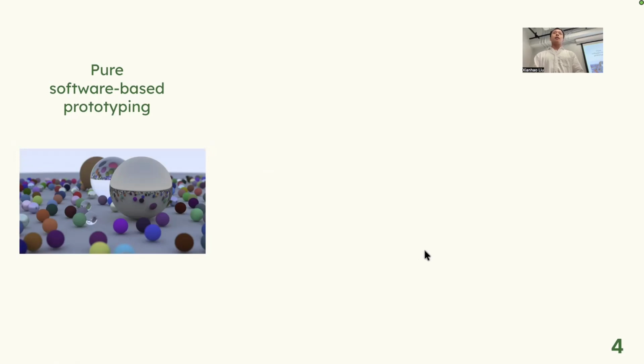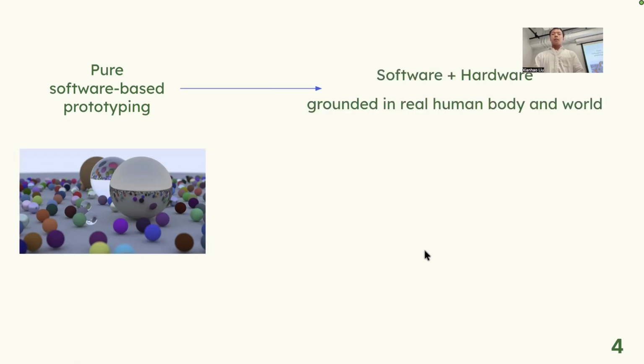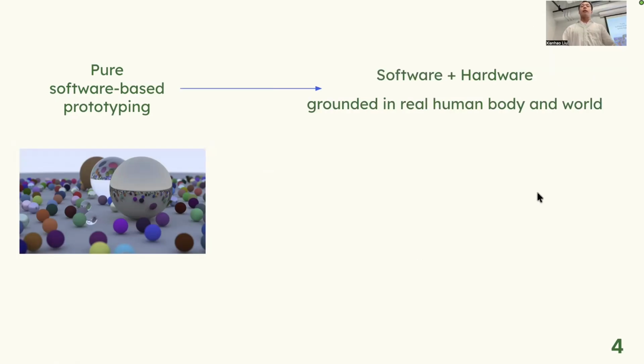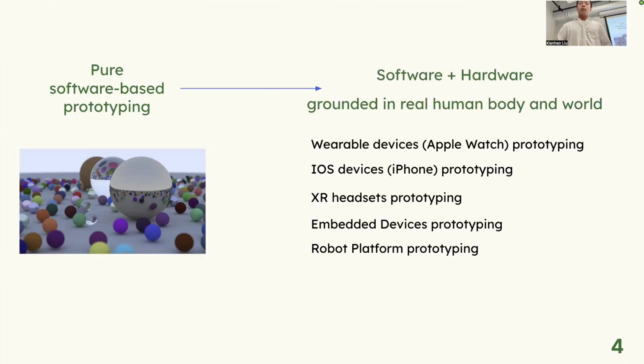What is different today is that I will focus more on software plus hardware, grounded in the real human body and the real world. I will start from 5 aspects I show here, including wearable device, iOS device, XR headset, embedded device, and also I'm going to share a little bit about robot platform prototypes.